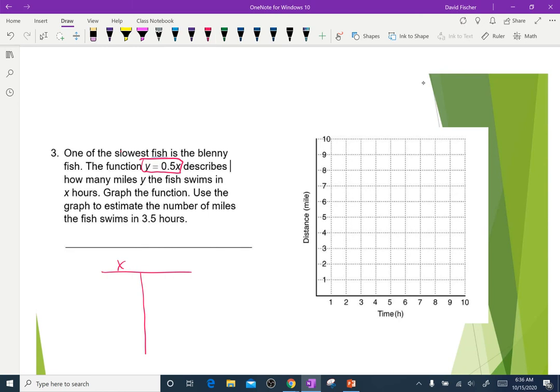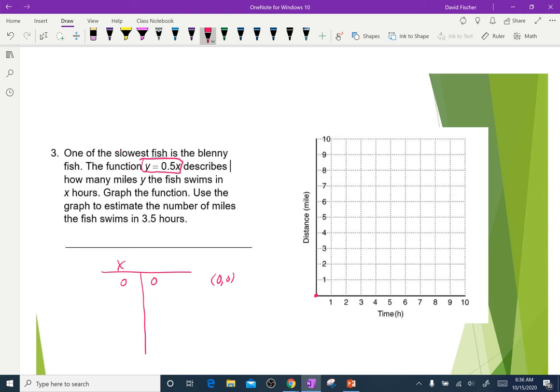So when I pick numbers, 0 is always a good one to start with. If I plug in 0, 0 times 0.5 is 0. So my coordinate would be 0, 0. But now I'm timesing it by 0.5. If I put a 1 in, 1 times 0.5 is 0.5, and it's really hard to graph that.